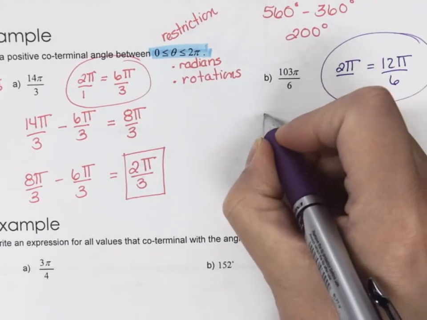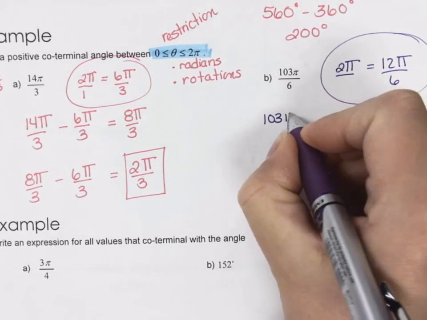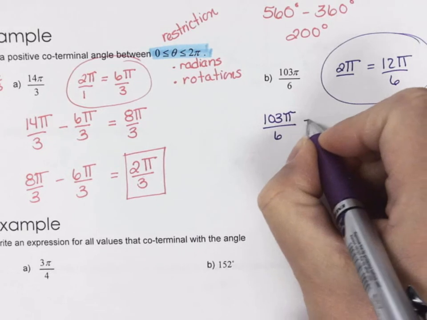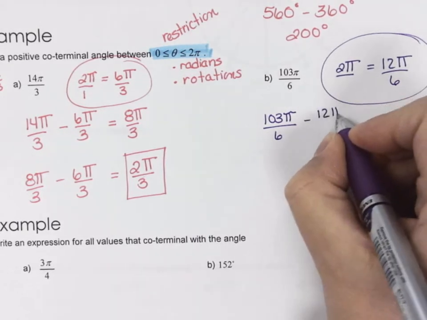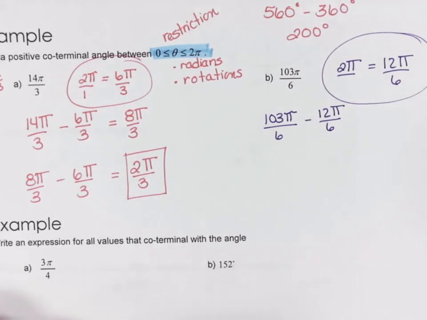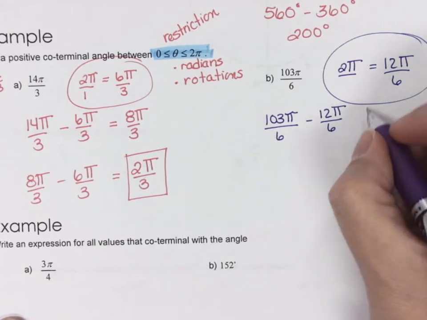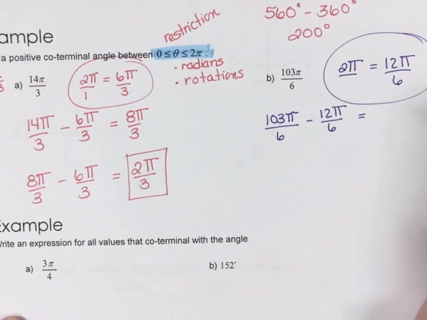Now, you could do it one full rotation each time. Yeah, you totally can. So what's 103 minus 12? Oh, this is going to take 91?